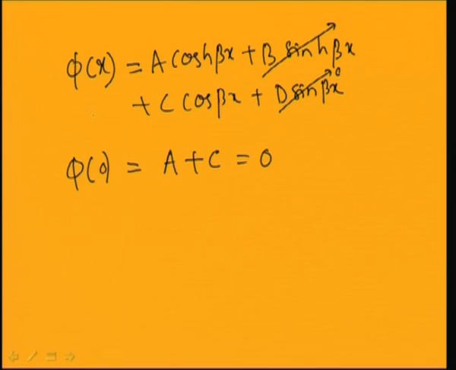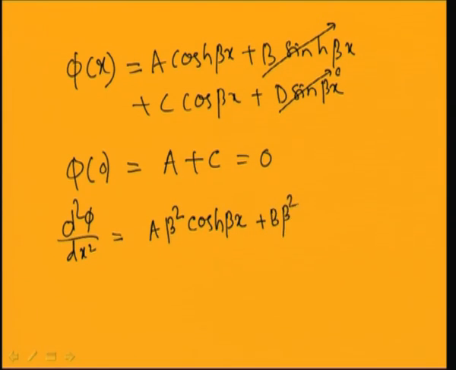Now, if I differentiate d square phi by dx square, differentiating twice, as A plus C equal to 0, so A equal to minus C. Now, by differentiating it twice, this becomes A beta square cosh beta x, similarly B beta square sinh beta x.